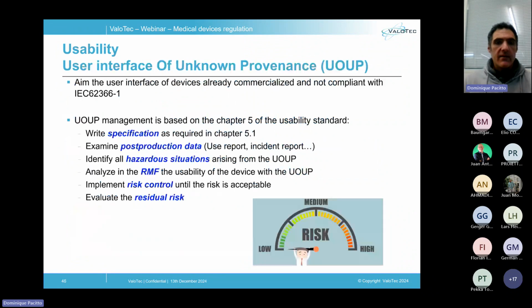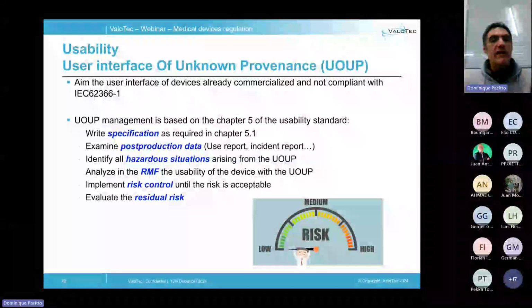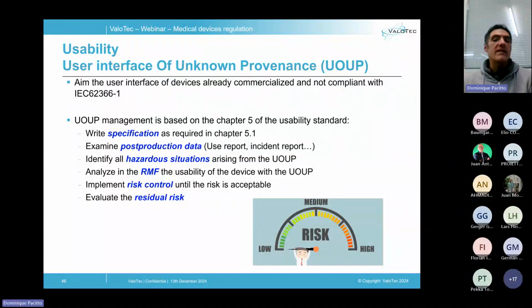Lastly, the standard introduces in clause 5.10 the notion of user interface of unknown provenance, which reminds the notion of software of unknown provenance we can meet in the IEC 62304 related to software development. User interfaces of unknown provenance are user interfaces that have not been developed for medical devices but are used in medical devices, meaning user interfaces that do not have documentation or are not developed in the context of a development cycle.